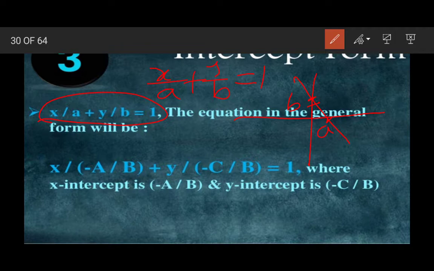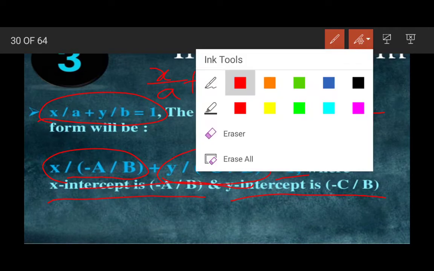This can be generalized as x upon minus c upon a plus y upon minus c upon b equal to 1, where the x-intercept is minus c upon a and the y-intercept is minus c upon b. So this is the general form.